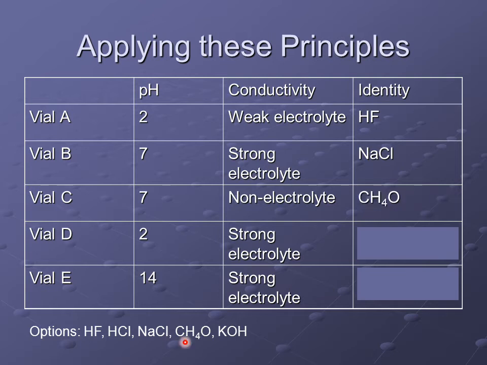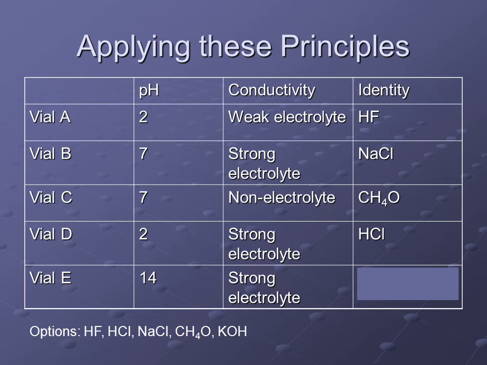Vial D is a strong electrolyte, and it is on the acidic side. So between our two acids, HF and HCl, the only strong electrolyte is HCl. Again, strong acids are strong electrolytes. Okay, vial E is, by process of elimination, potassium hydroxide.